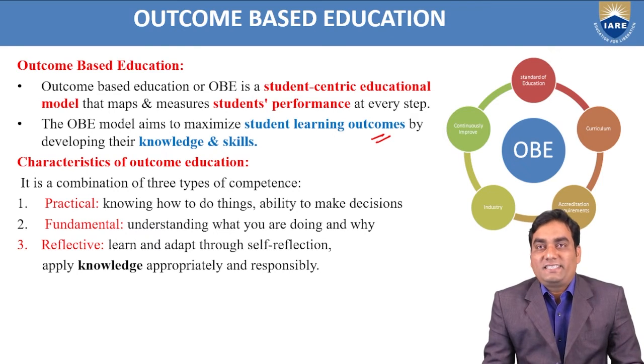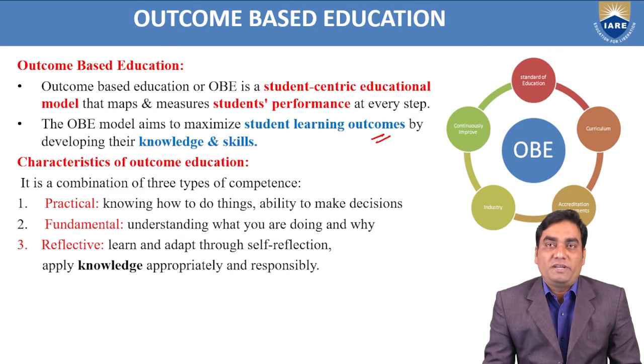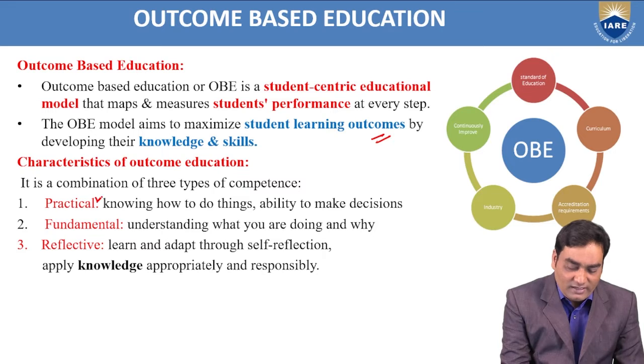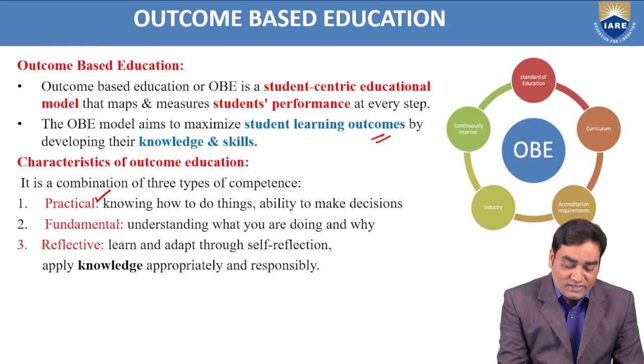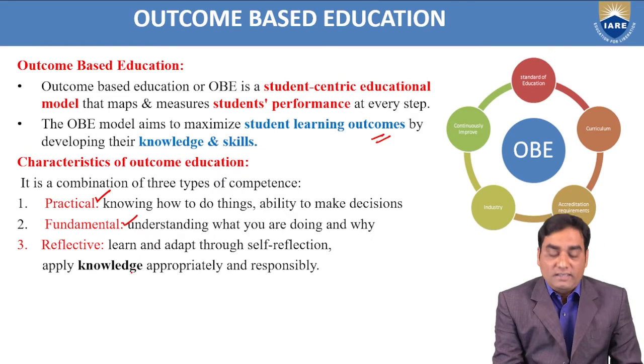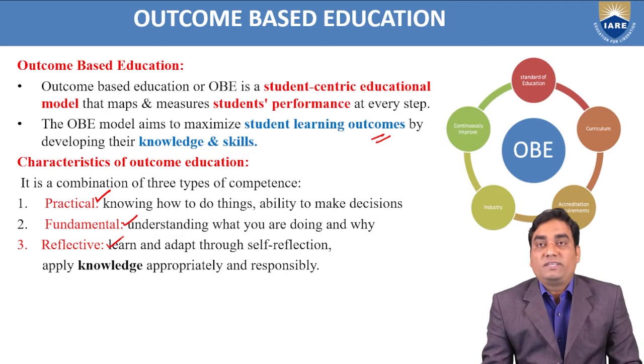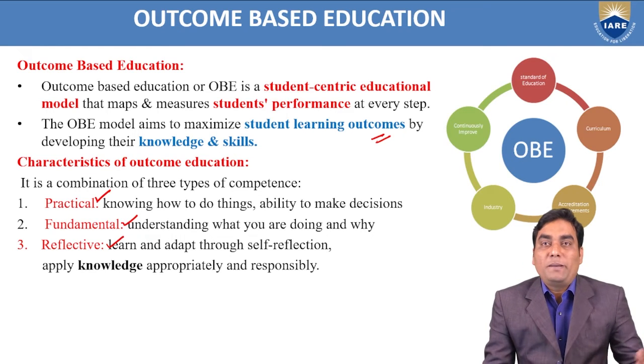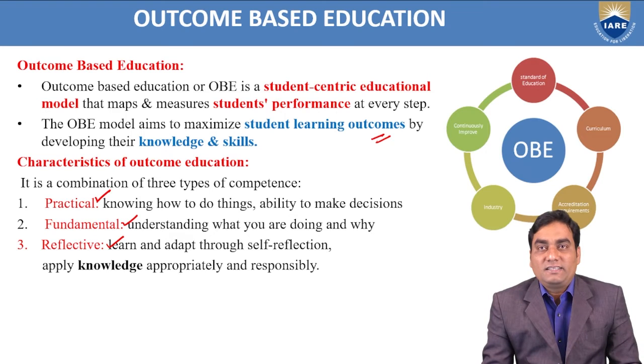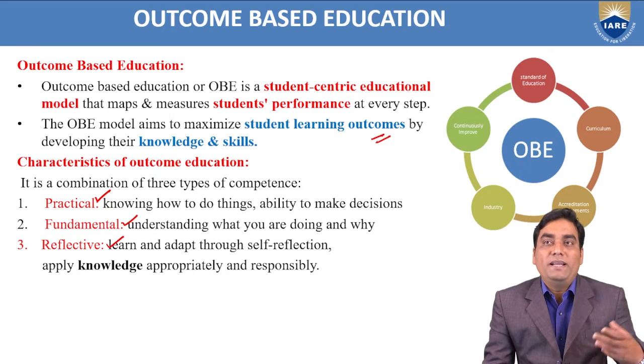The main characteristics of outcome education: we have three types of competence. One is the practical characteristic, the second is the fundamental characteristic, and the third is the reflective characteristic. What is meant by practical characteristics? In these, we have to know how to do things and have the ability to make decisions.